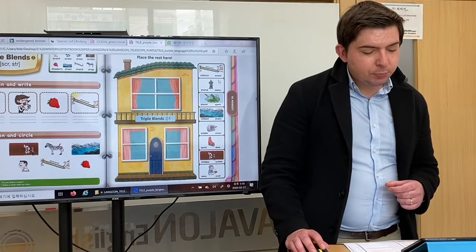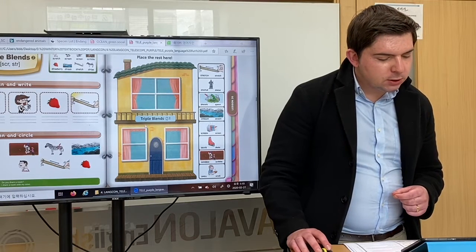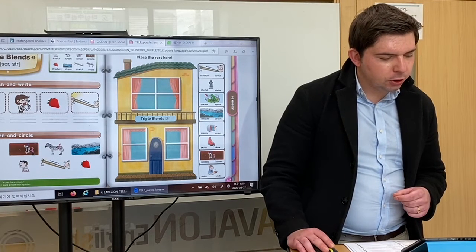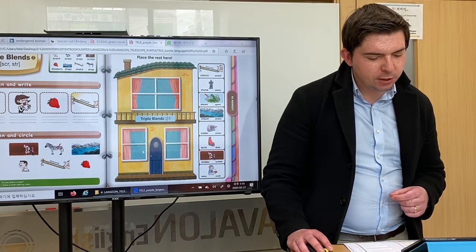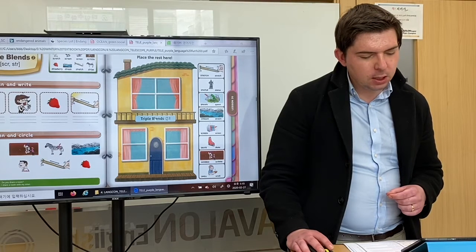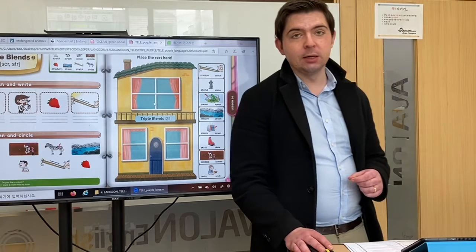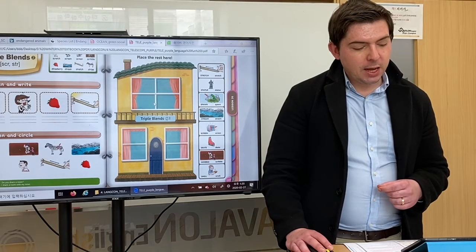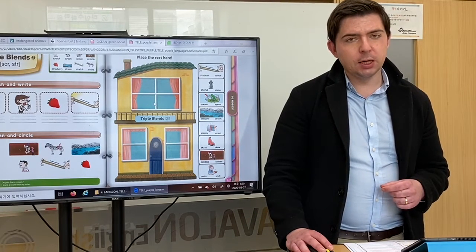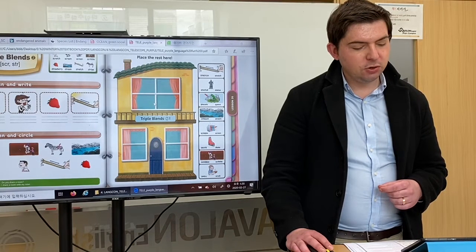So please put the correct stickers, the ones with triple blends, skr and str, that we learned today in this part of the house, and the others upstairs in this part of the house. Are you ready? Yes. Okay. And you can pause the video here and place the stickers, and we will continue very soon.